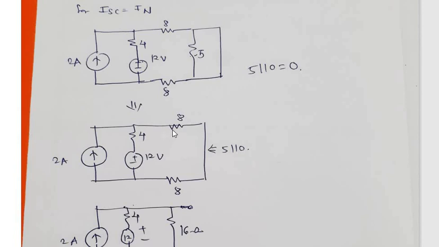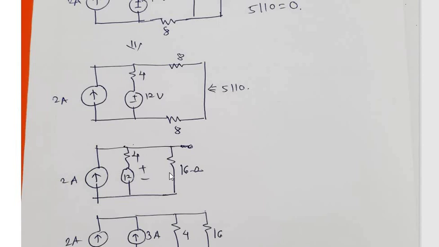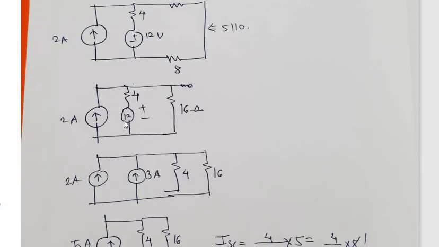Now this 8 plus 8 is 16, and this 16 will be in parallel with 4. So we write 16 parallel with 4, driven by one voltage source of value 12 volt. Now we will change this voltage source, because ideally a voltage source is in series with resistance, and that is converted into a current source.